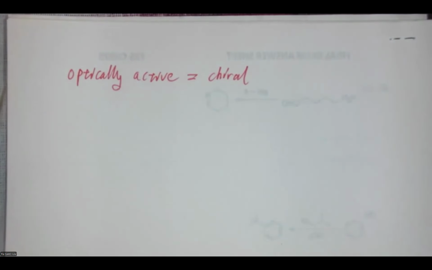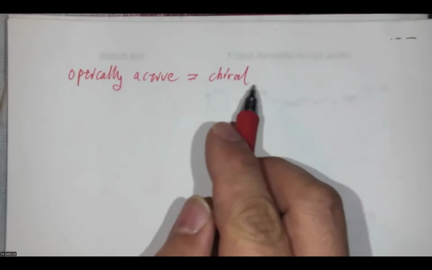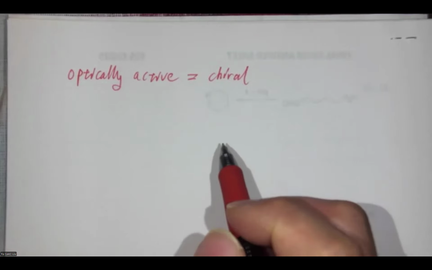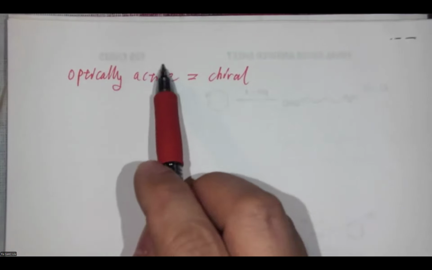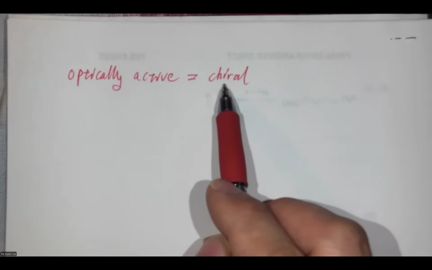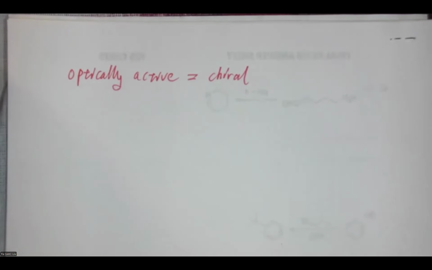If in an exam quiz I ask which molecule is optically active, you just treat it as chiral, the same as if I ask which molecules are chiral. Normally physics uses optically active, but chemistry uses chiral. Please keep that in mind.